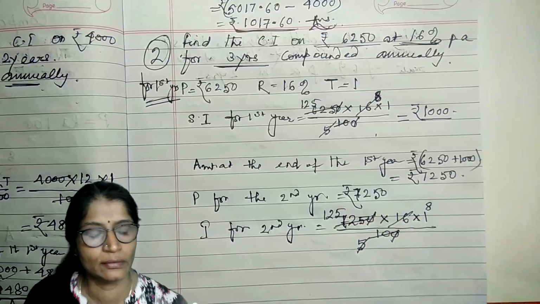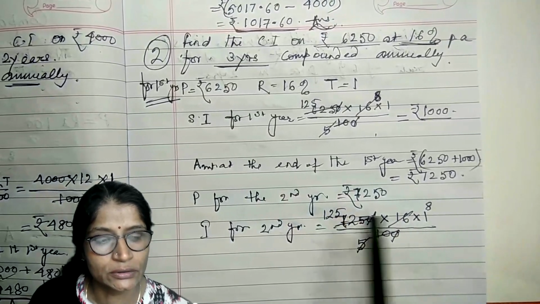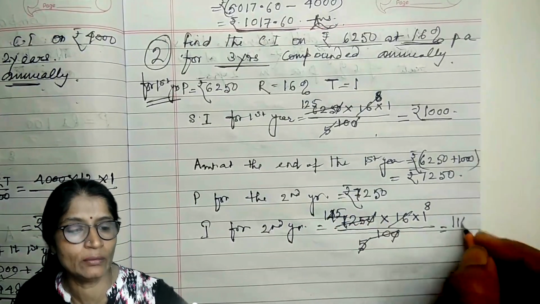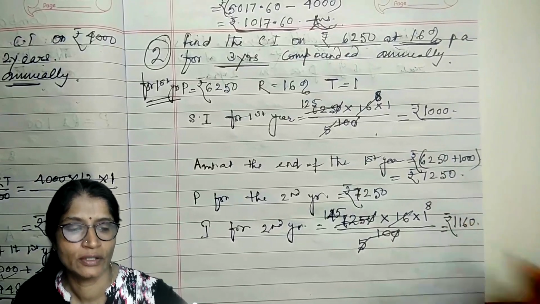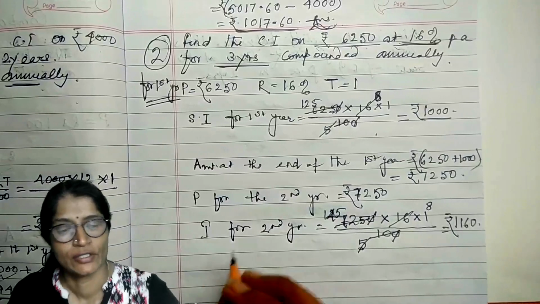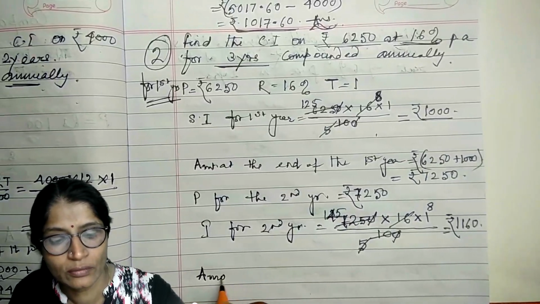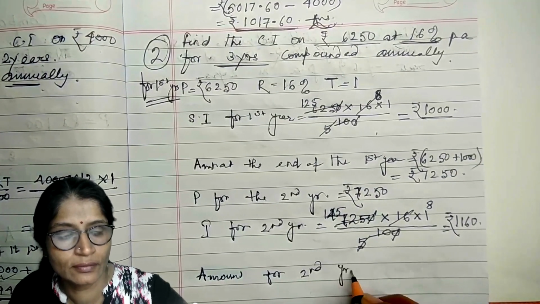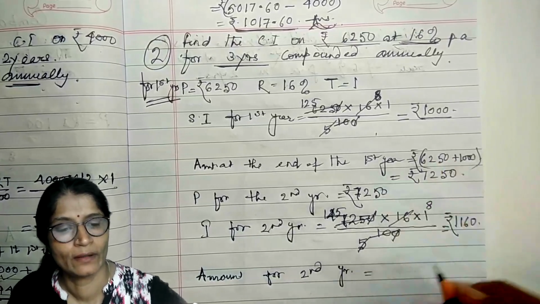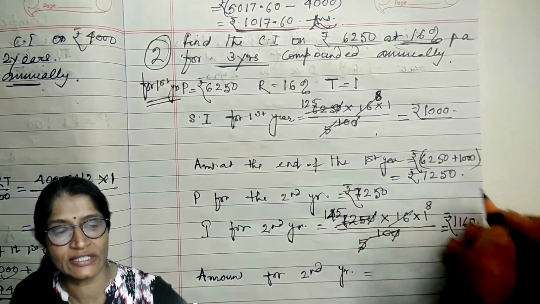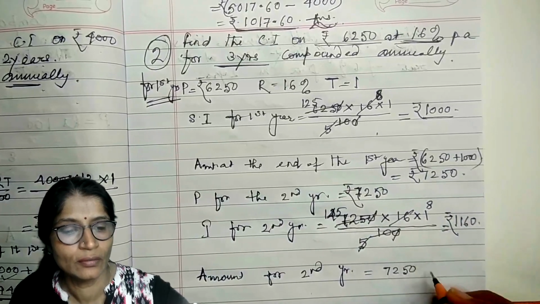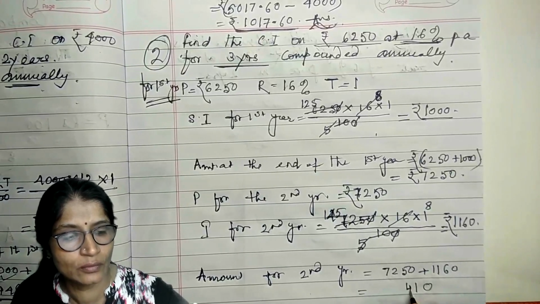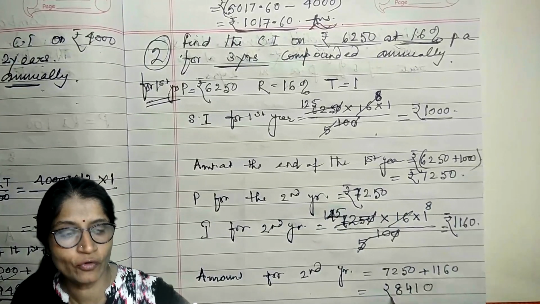So 54, and it is equal to 1160. Now amount for the second year is equal to, your principal for the second year was 7250, so 7250 plus 1160, so it is equal to 8410.